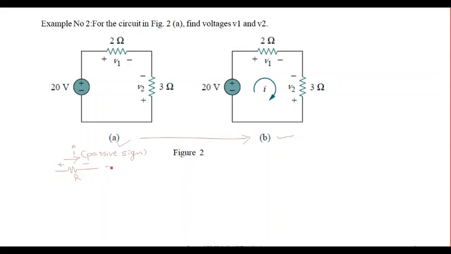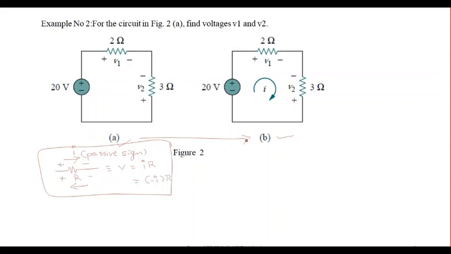So in this way, if I ask you to define Ohm's law, we can define V equal to I into R. If I change the current direction with the same polarities, then instead of plus I, it will be minus I into R. Okay, so this one you need to keep in your mind. It will be useful here.